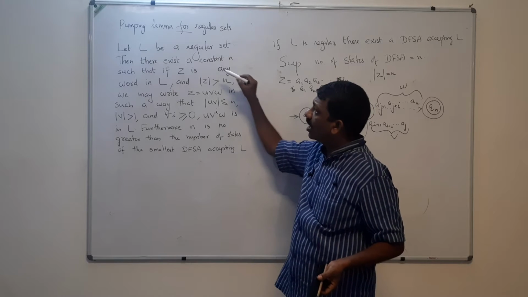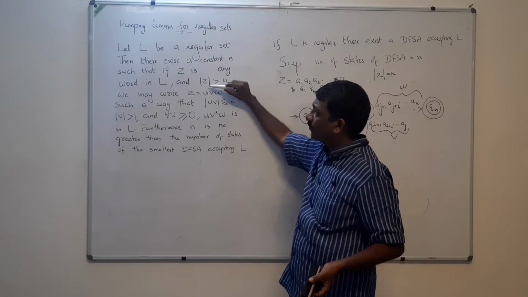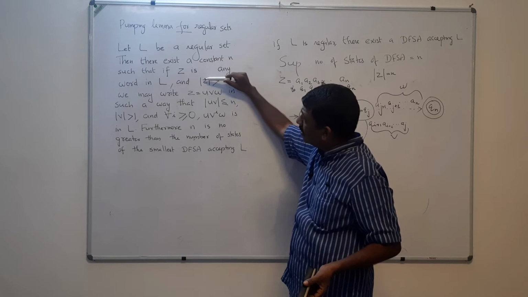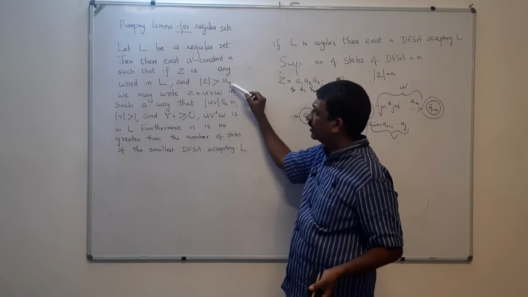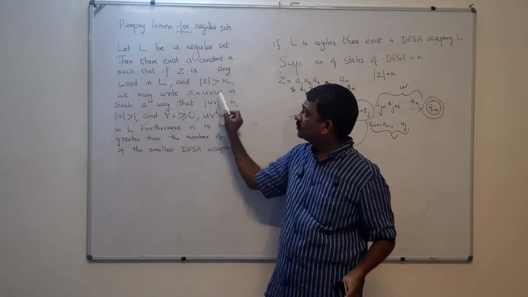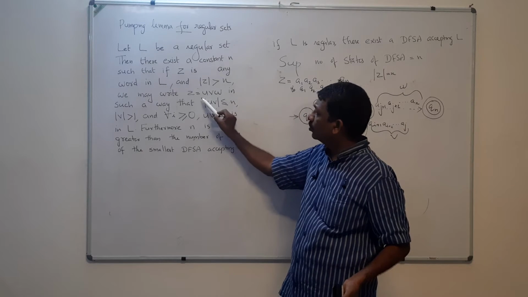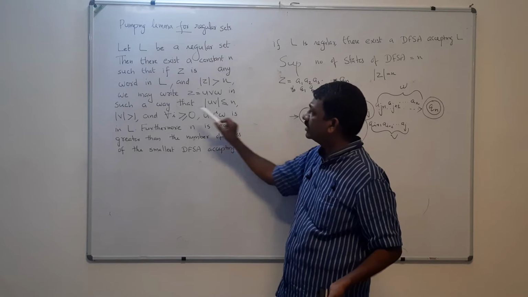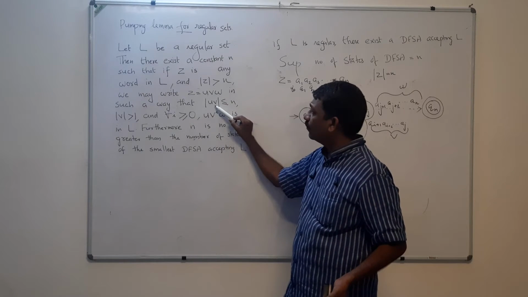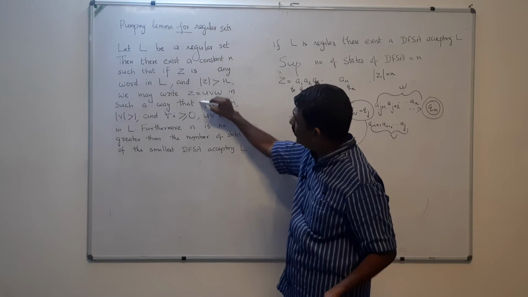You have n number of states, so the length of this string should be greater than n. You can split this string into U, V and W in such a way that modulus of UV is less than or equal to n. This is very important.